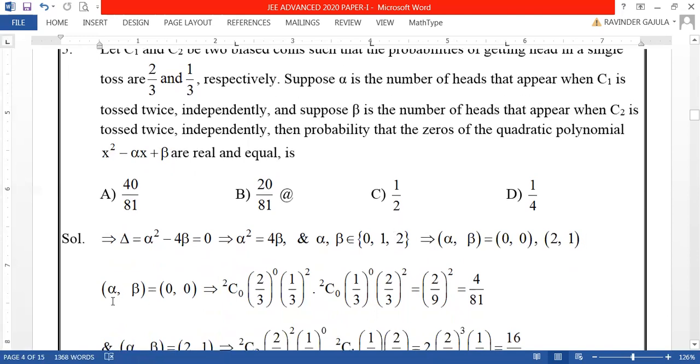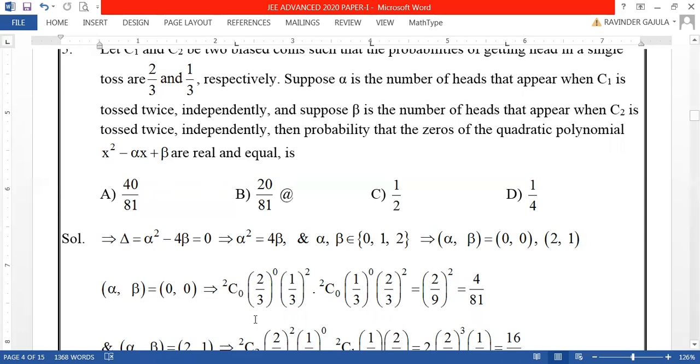So in the case of alpha beta 0, 0, it means no head on C1 and no head on C2, because alpha is the number of heads on C1, and beta is the number of heads on C2. Therefore, the number of heads in two throws can be taken as 2Cr into p power r into q power 2 minus r, where p and q are the success and failure probabilities.